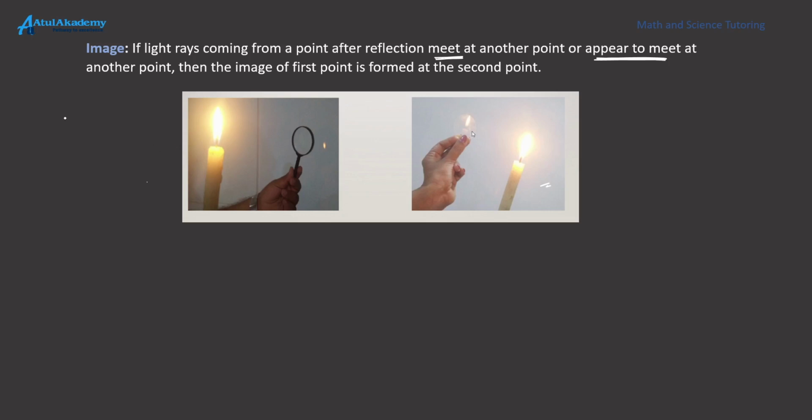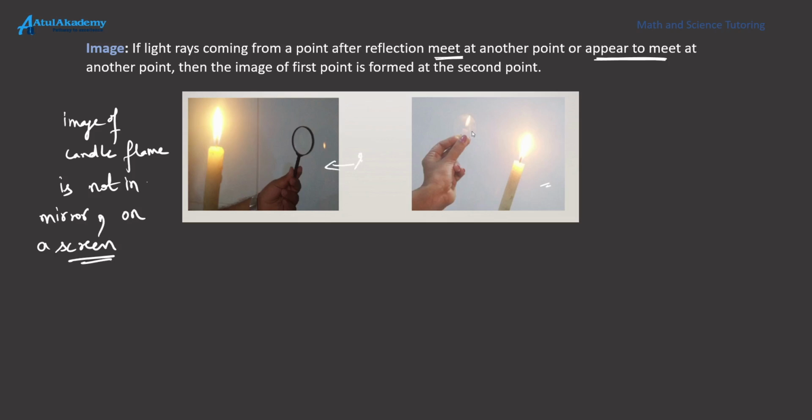Here, the image of the candle, you see only the flame, and it is not in a mirror. It is on a screen. This is the screen on which the image is formed. Another thing that you observe is it is inverted, or I can say it is upside down.